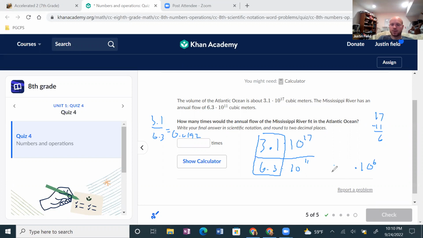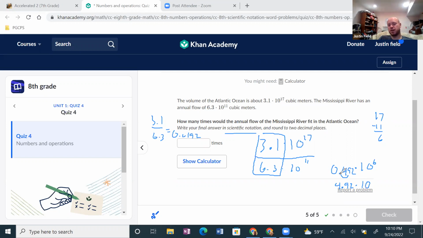So we need to divide those two numbers to get 0.0492. And again, we need to figure out how many zeros this would have, because right now it's not in scientific notation. And I'm not going to get another question wrong by not writing my final answer. Scientific notation would be one number in front of the decimal, 4.92 times 10 to the what?